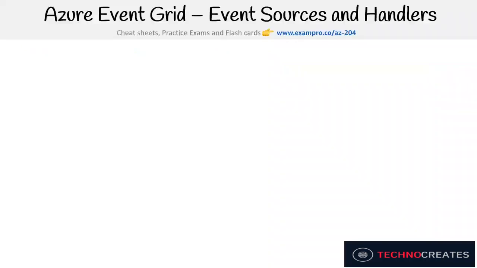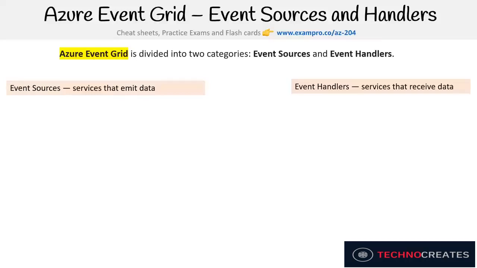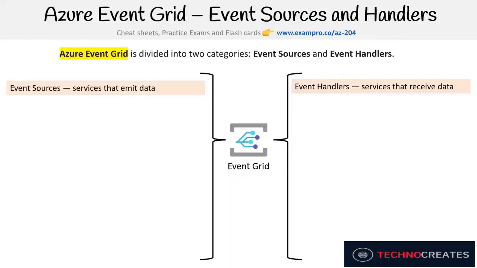Let's talk about event sources and handlers. Azure Event Grid is divided into two categories: event sources, services that emit data, and event handlers, services that receive data. In between them is where Event Grid is. Let's talk about what can emit events, which will give you an idea of how much Event Grid can integrate with Azure services.